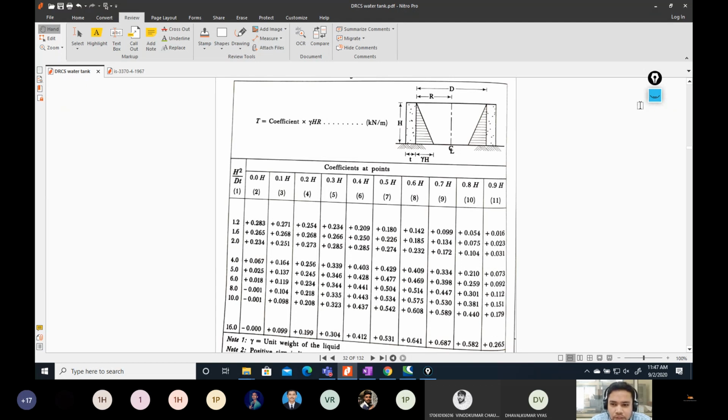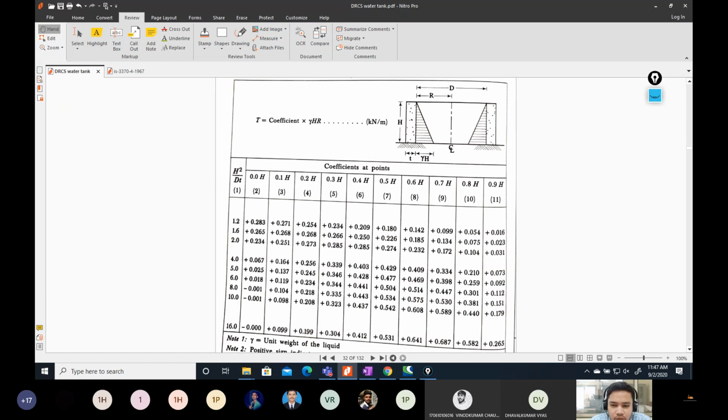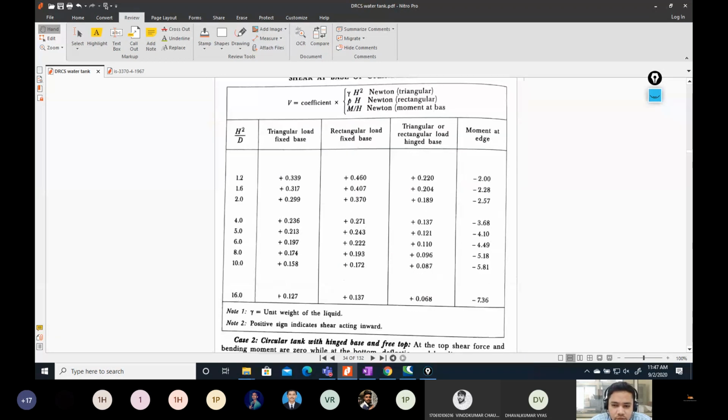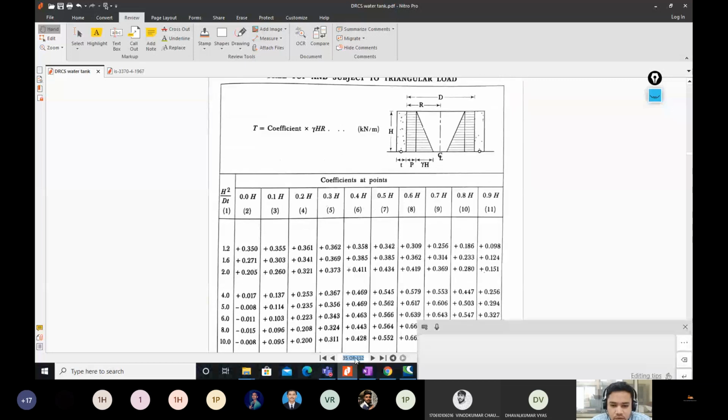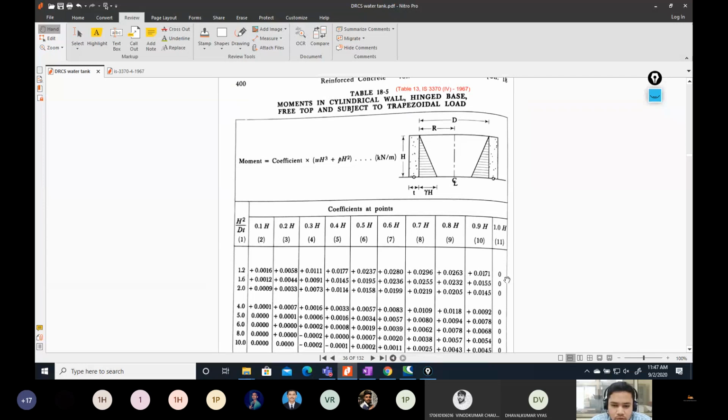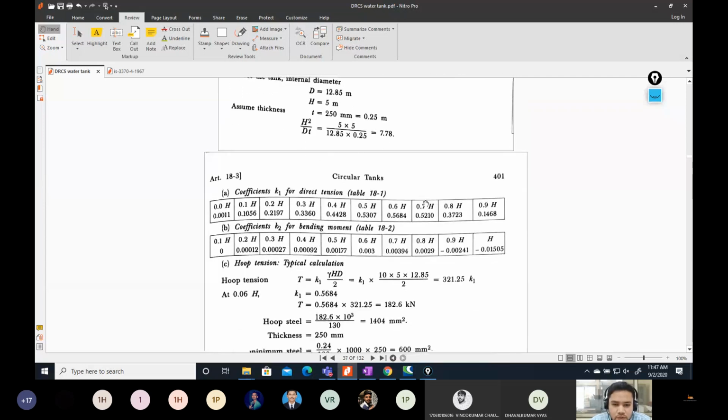So these coefficients are here for this ratio 7.78.